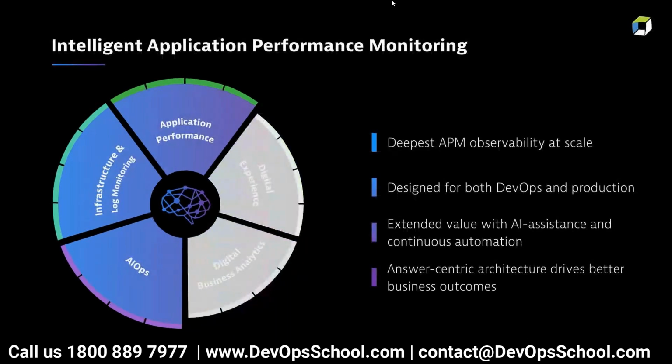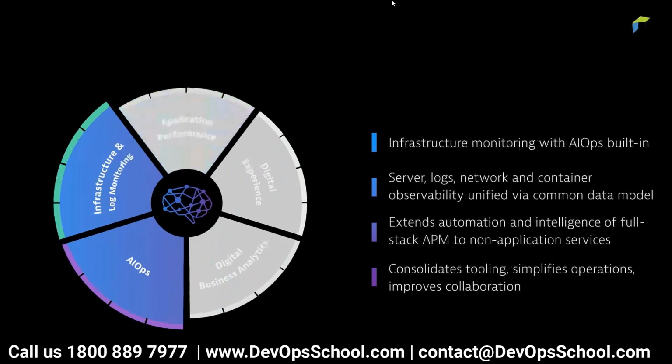In terms of application performance monitoring, it offers the deepest APM observability at scale, which I talked about with PurePath, deep path, and so on. Infrastructure monitoring comes with AIOps built in: server, logs, networks, and container observability unified by a common data model.